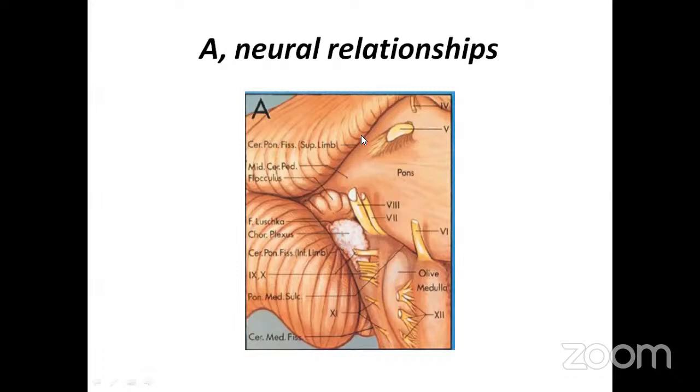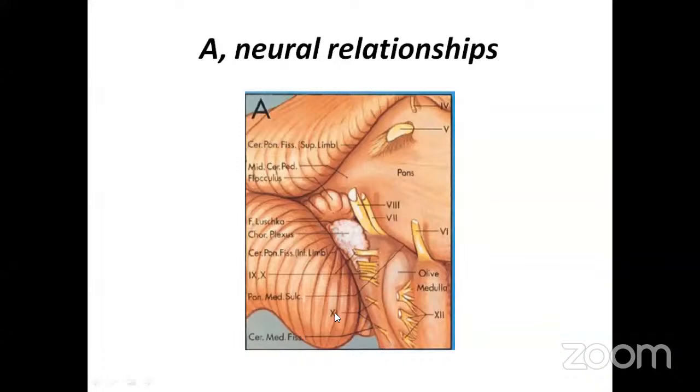This is the superior limb of the cerebellopontine fissure. This is the inferior limb of the cerebellopontine fissure. The superior limb goes above the trigeminal nerve. This is the trigeminal nerve. And the inferior limb goes below the foramen of Luschka. This is the foramen of Luschka. And from below comes the cerebellomedullary fissure.